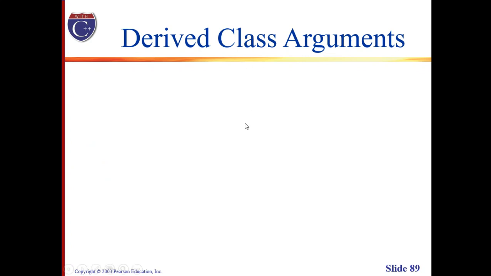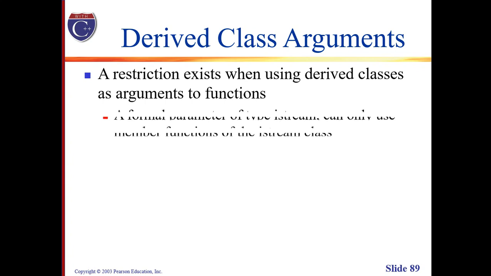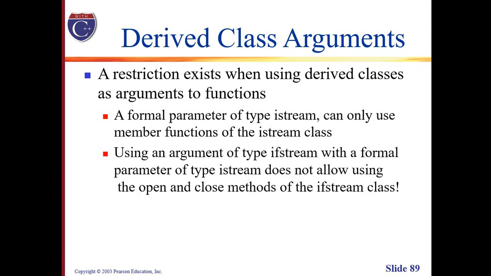Now let's talk about derived class arguments. A restriction exists when using derived classes as arguments to functions. For instance, a formal parameter of type istream can only use member functions of the istream class. Using an argument of type ifstream with a formal parameter of type istream does not allow using the open and close methods of the input file stream class.